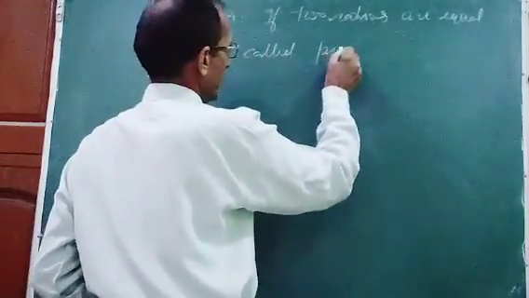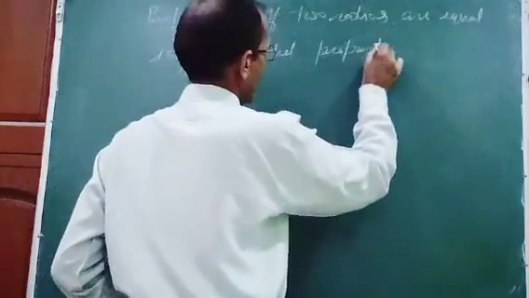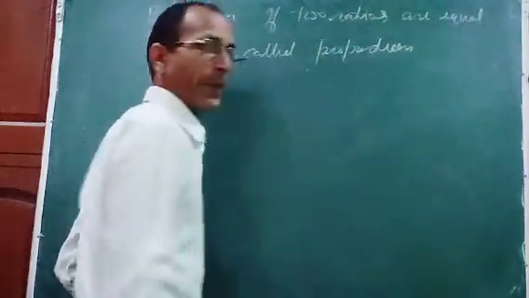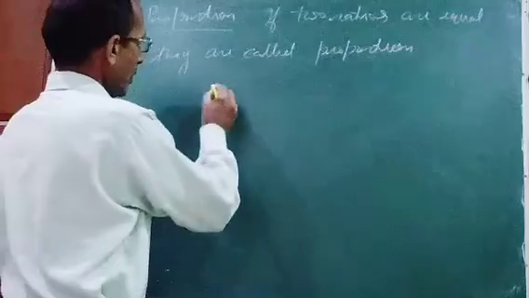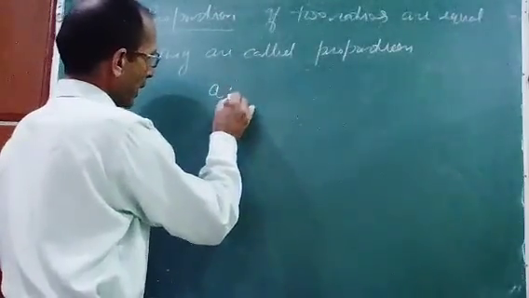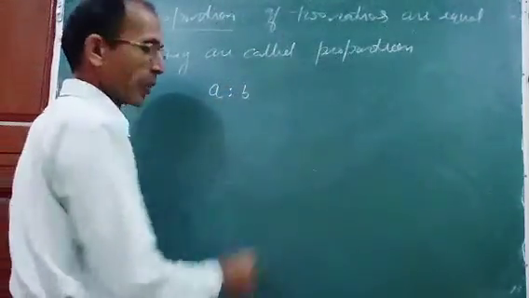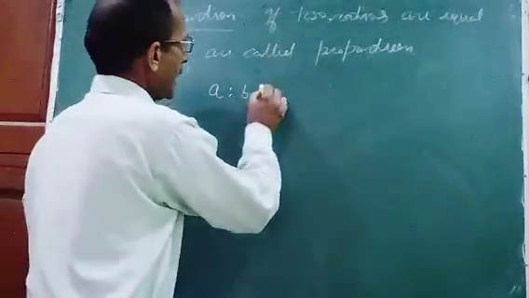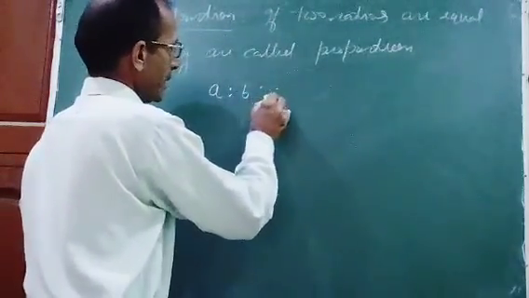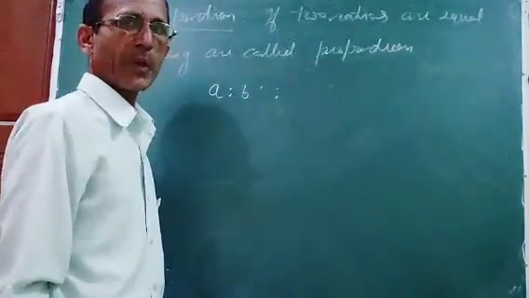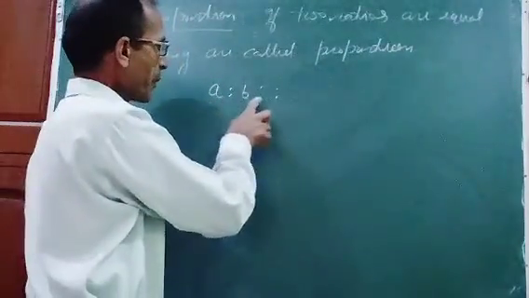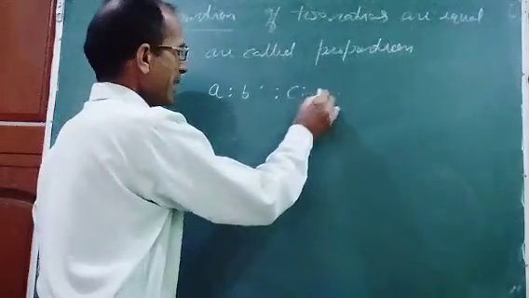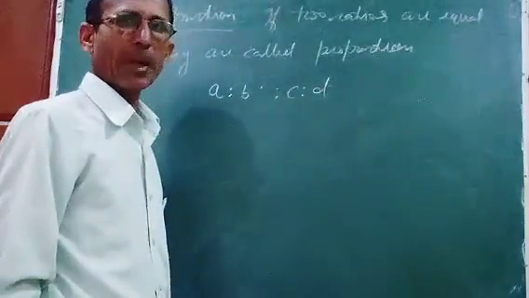Now proportion. This symbol I told you, A is to B. You can read it as A is to B, and these four dots stand for proportion. So A is to B as C is to D. Students, listen properly.